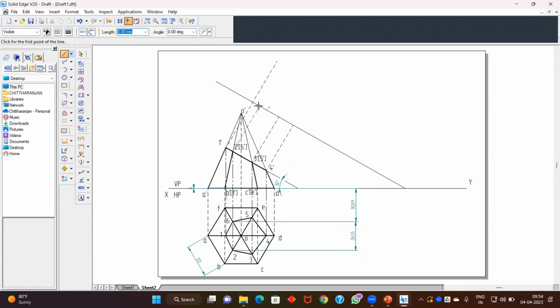So now the line of 30.89, 60 degree, and again 26.55 with the 60 degree, and check the dimensions here.